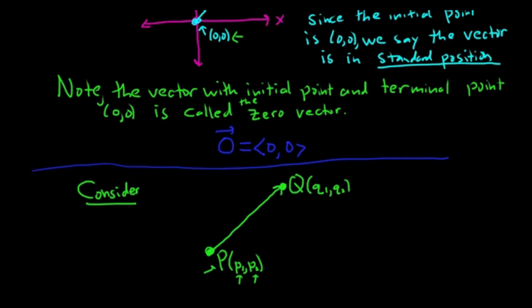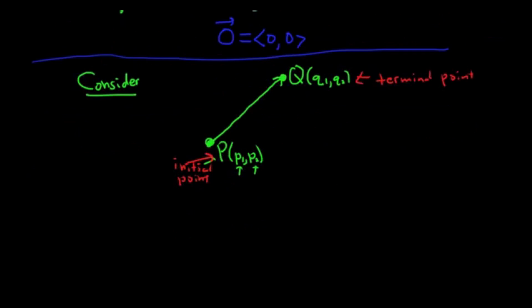So P is the initial point, and Q is the terminal point. So we have a vector with initial point P and terminal point Q. And the idea is this: to find our vector v, here's the thinking you want to go through in your head. v is always going to be, in quotes, terminal minus initial.